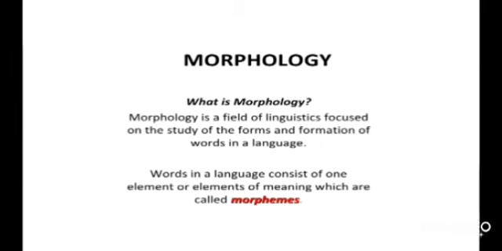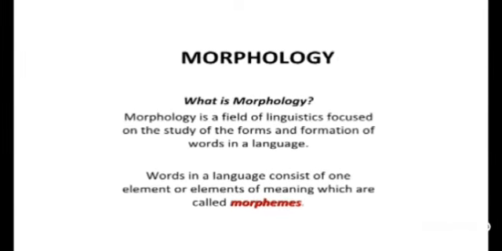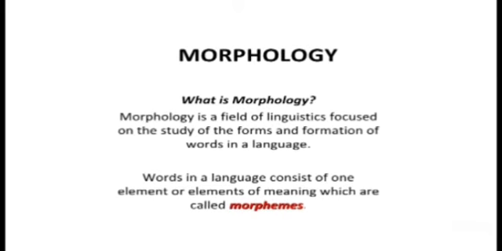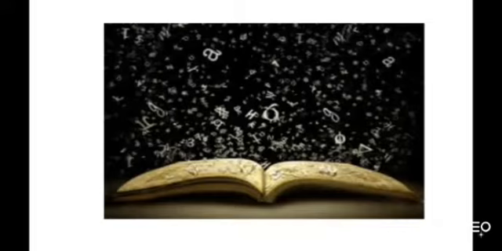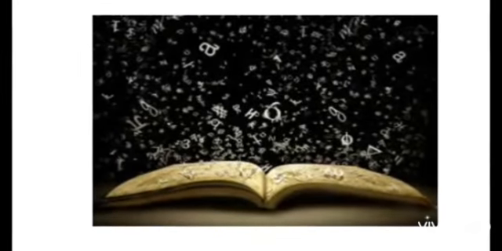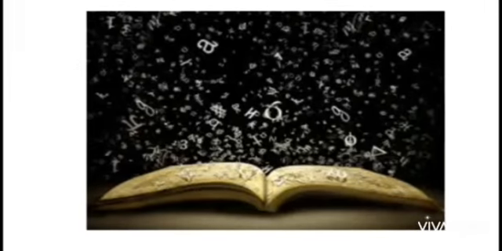Morphology is a field of linguistics focused on the study of the form and formation of the word in a language. A word in a language consists of one or more elements of meaning, which are called morphemes. It's the most important unit, the morpheme, which is defined as the minimal unit of meaning.